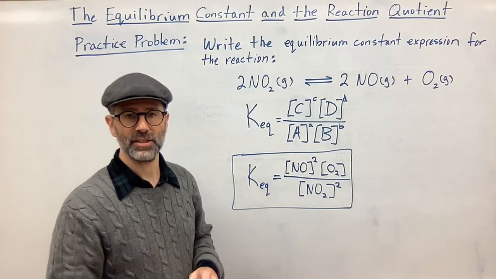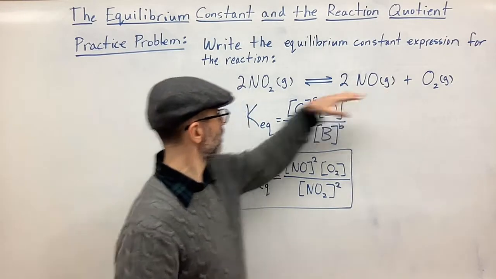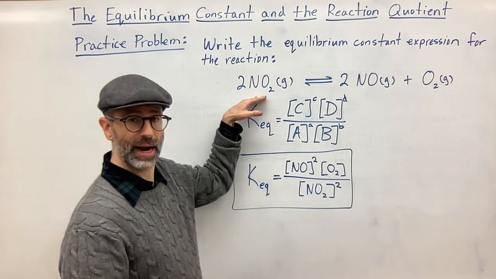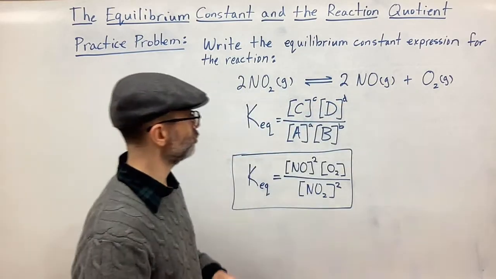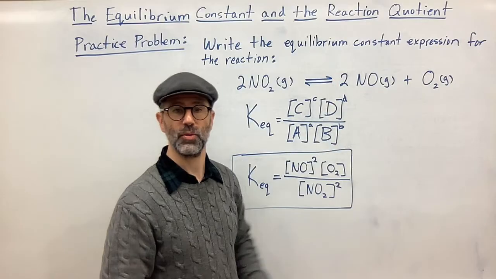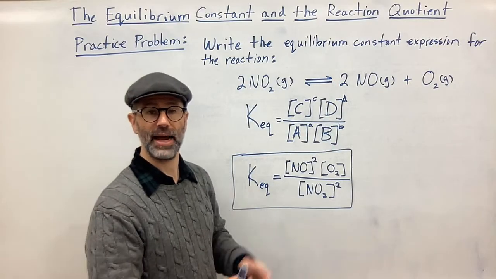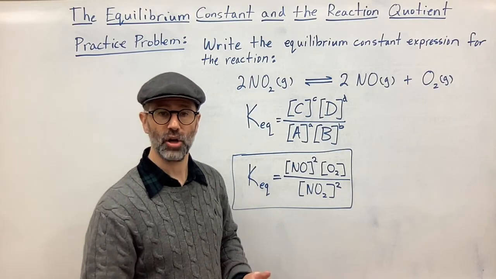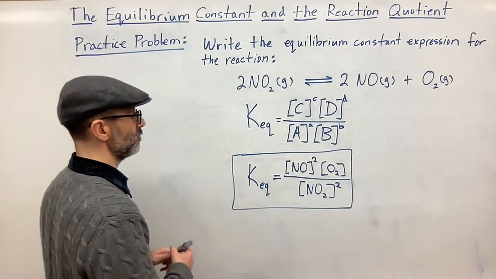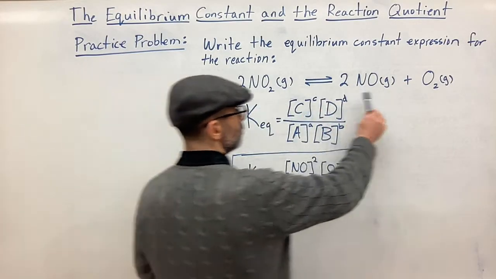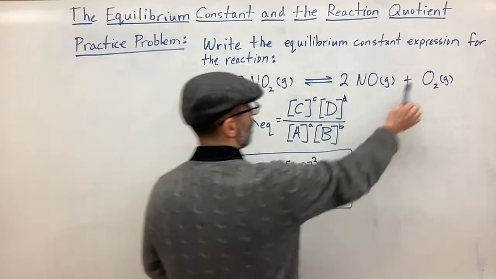In that case, the products become reactants and the reactants become products. So you just reverse this equation and write that KEQ like that. So in that case, we would have this on our product side.